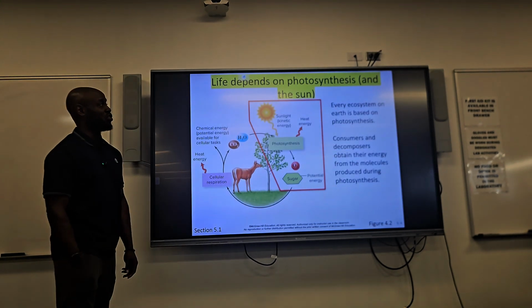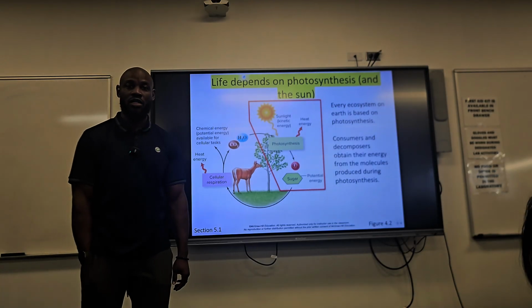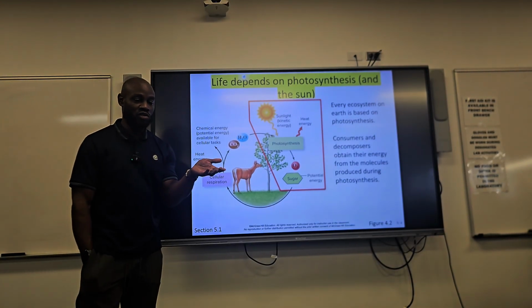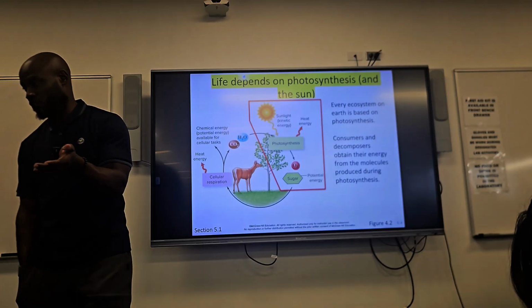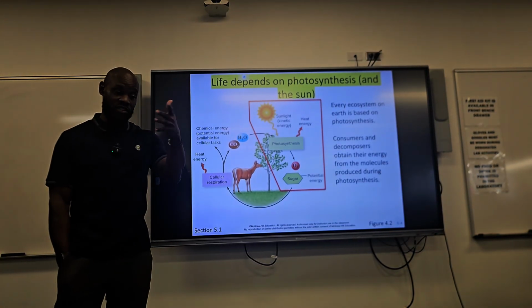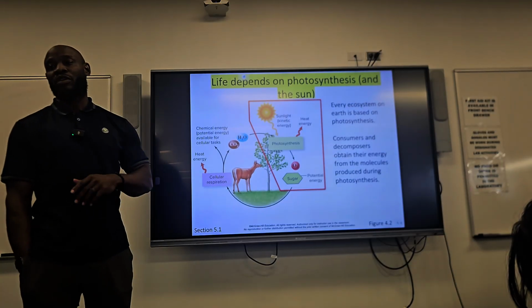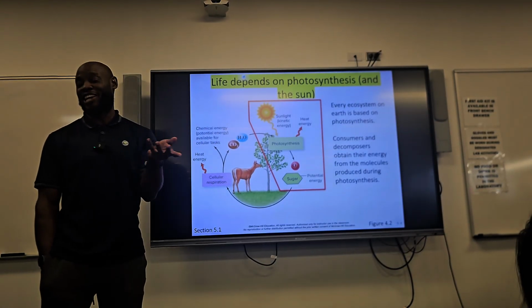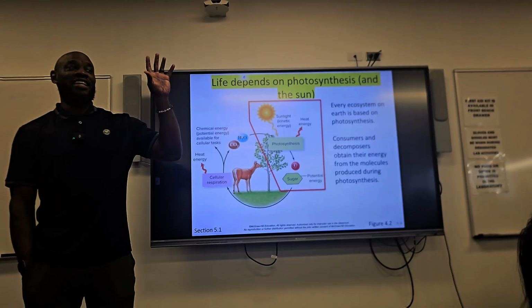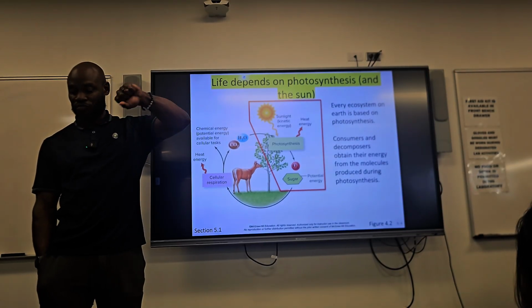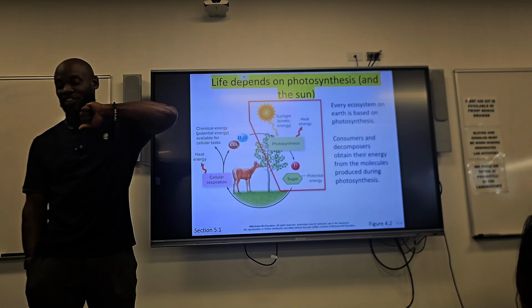Life depends on photosynthesis. We need plants. We need, obviously, fruits and vegetables, things that we eat. Our body needs them. So we need photosynthesis to happen. We cannot photosynthesize, but we can eat things that have photosynthesized, and they have used the sunlight to convert that to an energy.